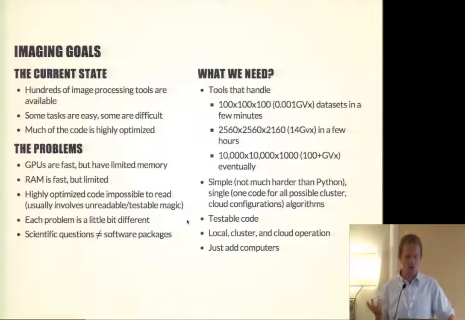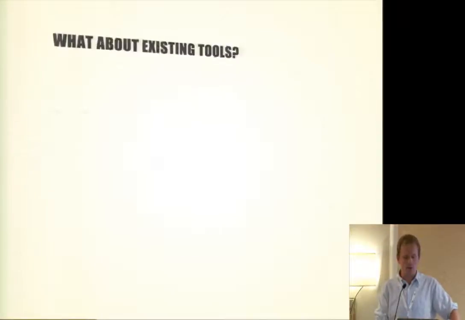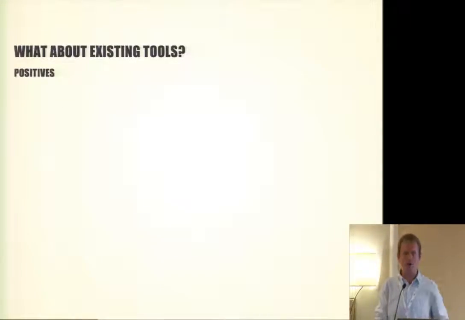Because we're scientists, we don't program very much, so it needs to be relatively simple, not much more difficult to use than Python or MATLAB, where you can write one program and have it run on your own computer, on the cluster, or on the cloud, and work identically so that you don't need to worry about all these other complicated issues. It also needs to be testable, and it would be nice if you could just add computers in to get more computational power.